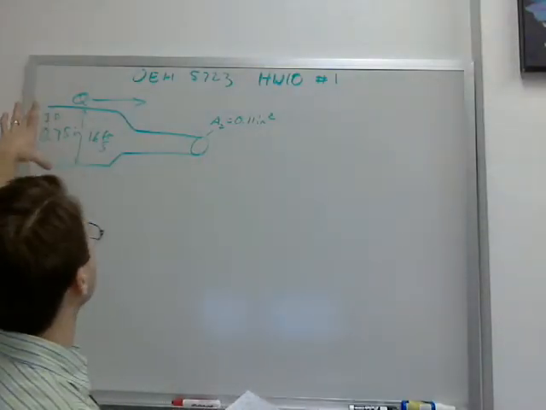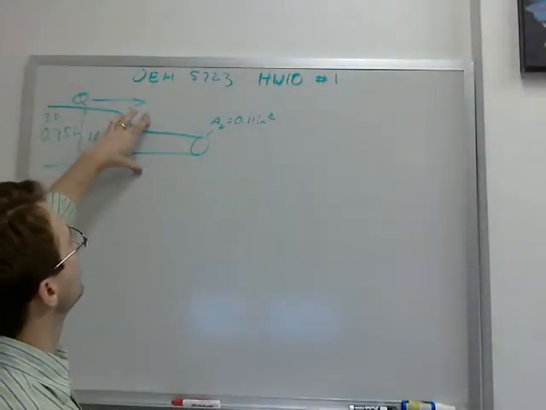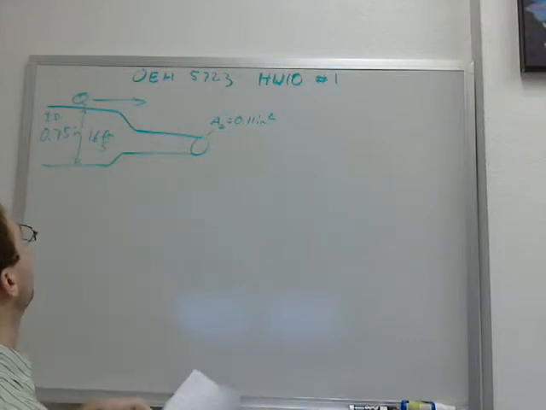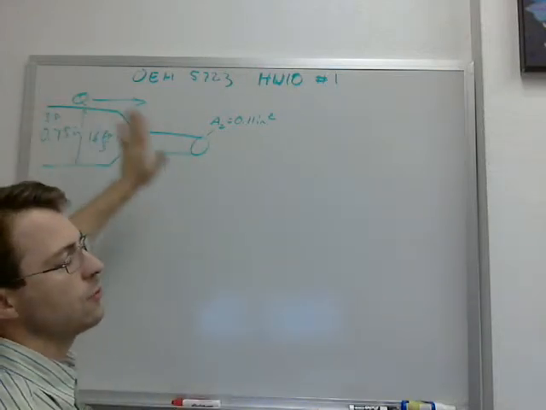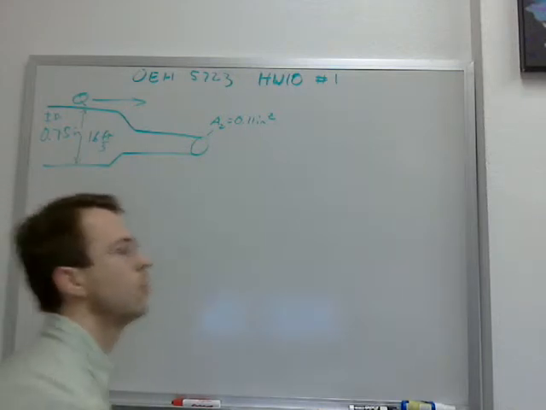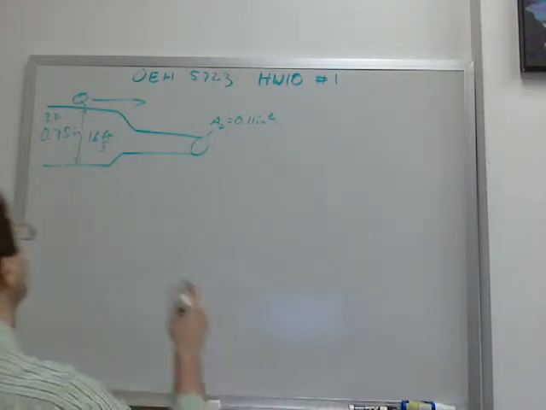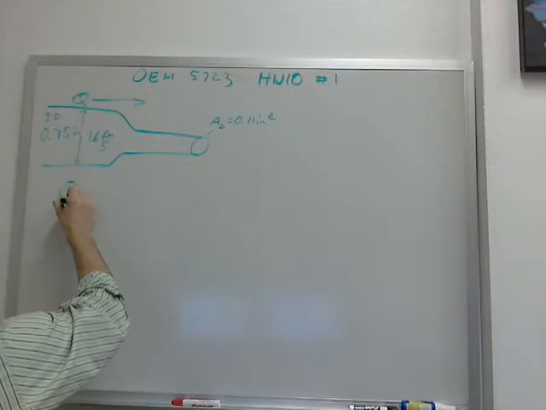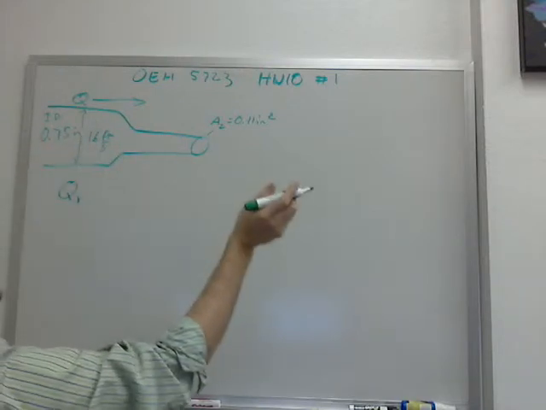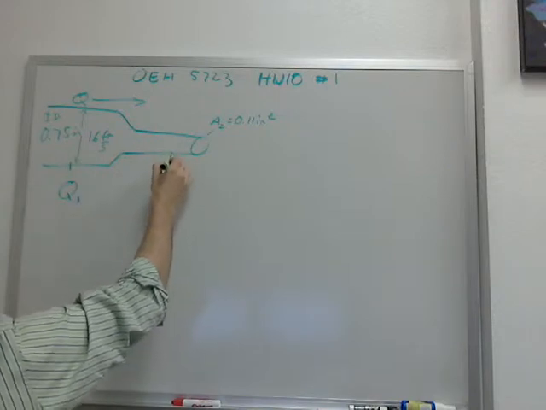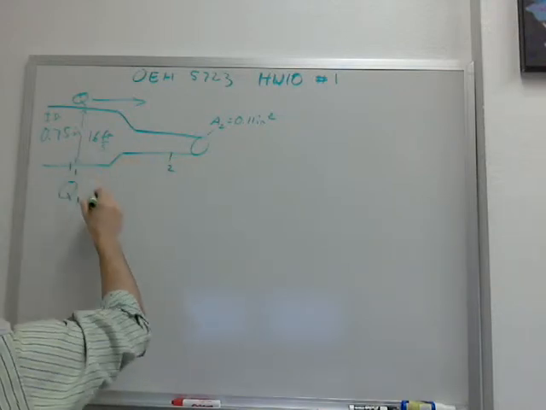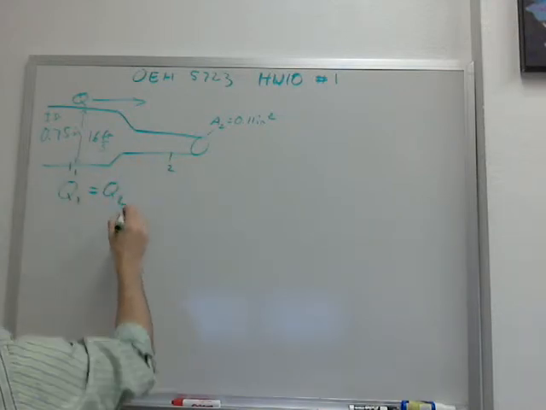So you have your garden hose, and then it approaches some sort of constriction, and we don't know equal information here. So we need to take an inventory of what we do know. The first thing we know is that the flow here is constant. So the flow at point 1 is going to be equal to point 2. So Q1 equals Q2.